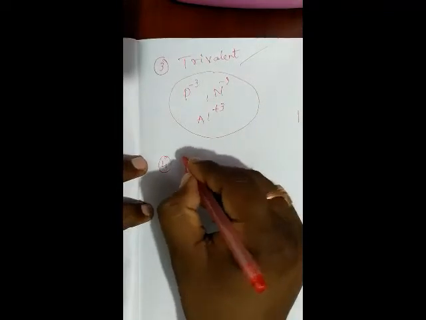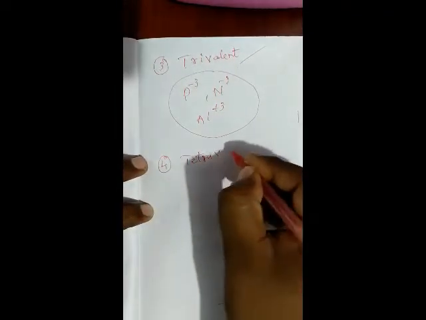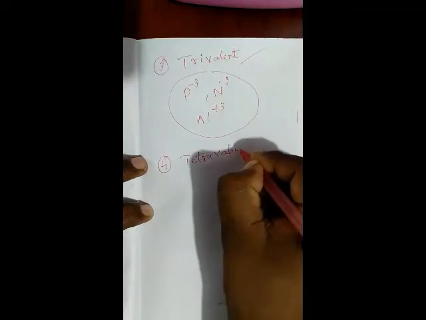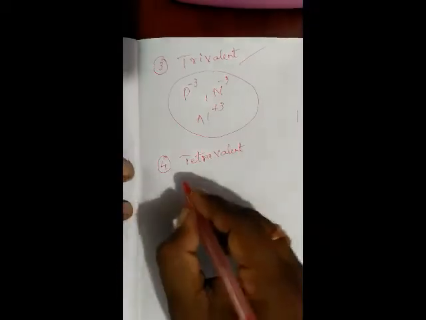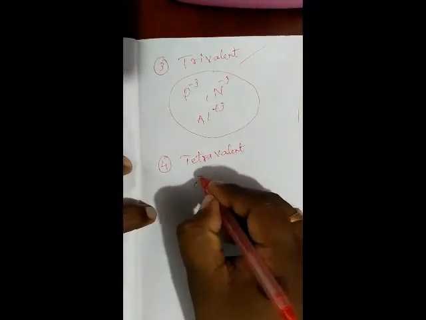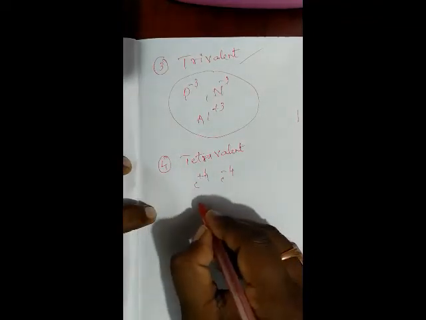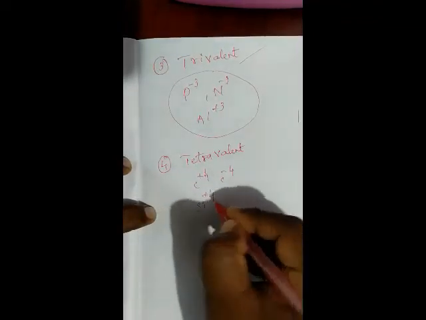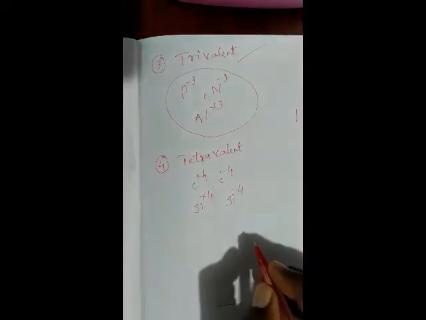The fourth one is tetravalent. Examples: C plus 4, C minus 4, Si plus 4, Si minus 4.